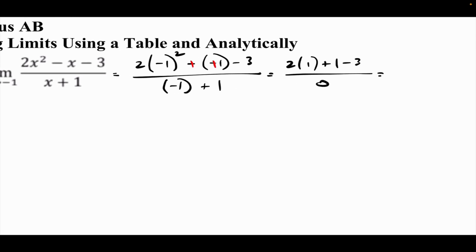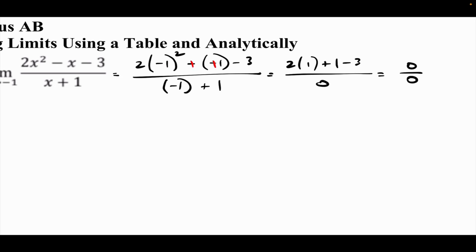So on top, I get 2 plus 1, which is 3, minus 3. 0 over 0. Is this does not exist? No. Why not? Exactly.